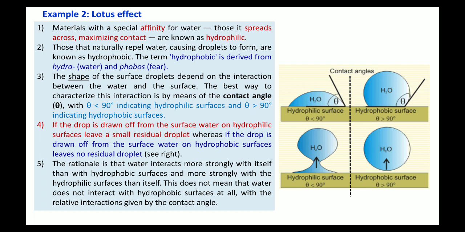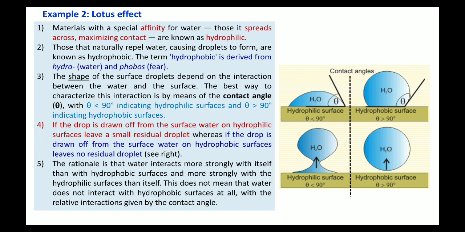The contact angle is represented by theta, with theta less than 90 degrees indicating a hydrophilic surface and theta greater than 90 degrees indicating a hydrophobic surface. If the drop is drawn off from the surface, water on a hydrophilic surface leaves a small residue droplet.